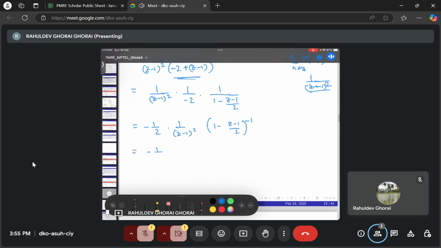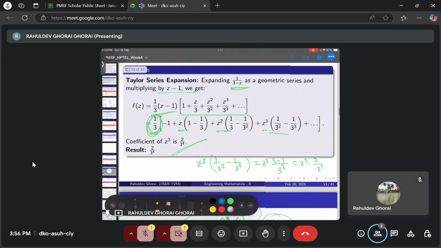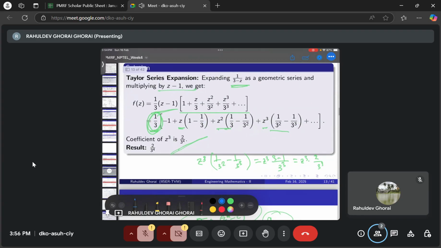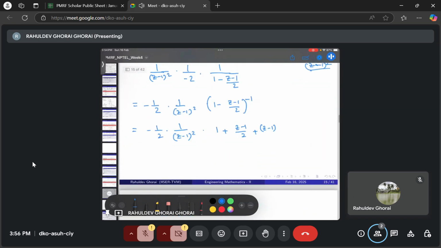That is equal to minus half, 1 over (z minus 1) whole square, times 1 plus (z minus 1) over 2 plus (z minus 1) whole square by 2 square, and all these things will keep on going, right?